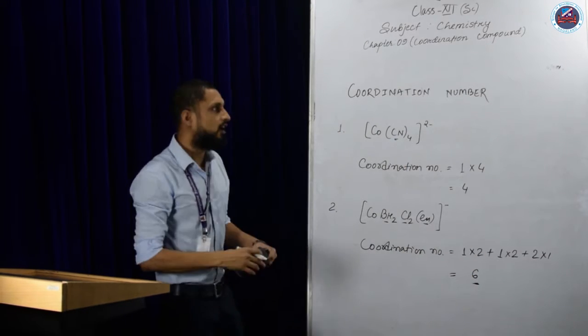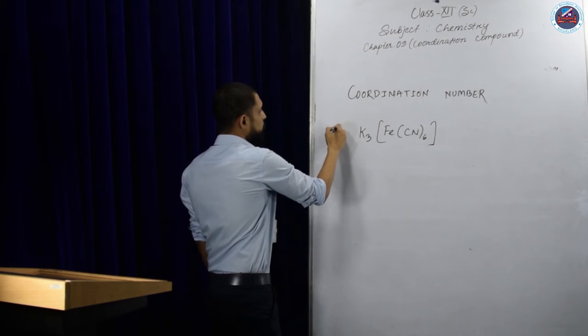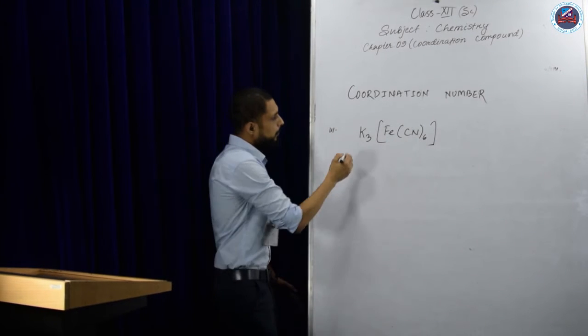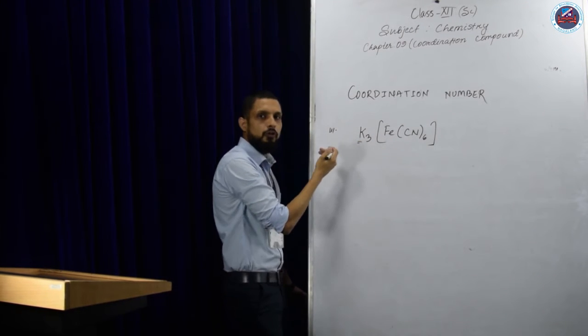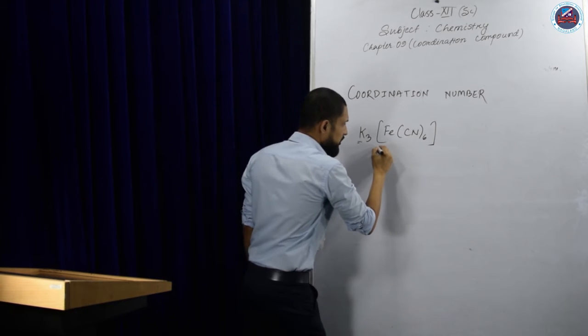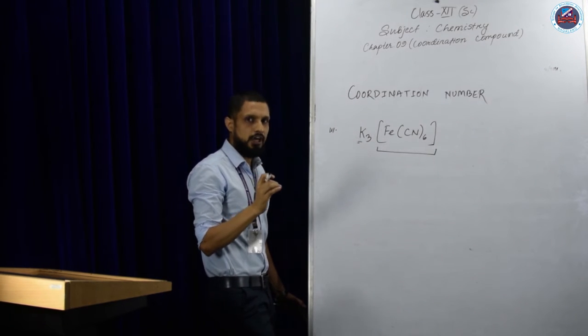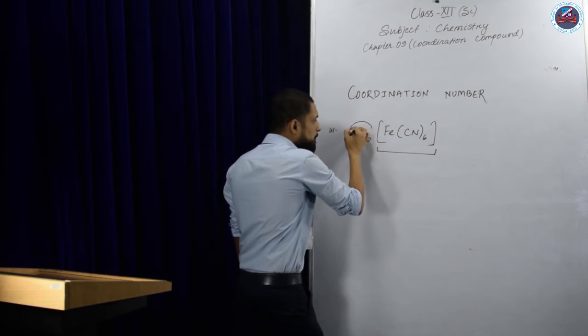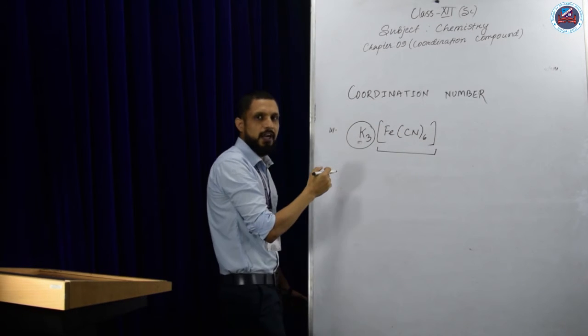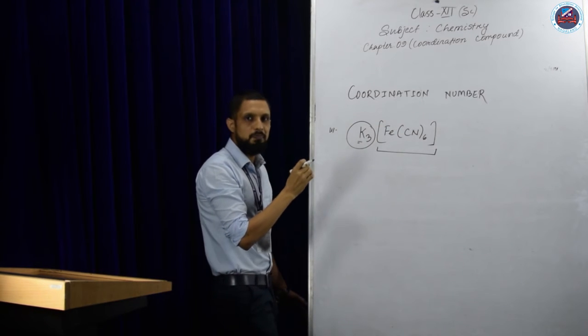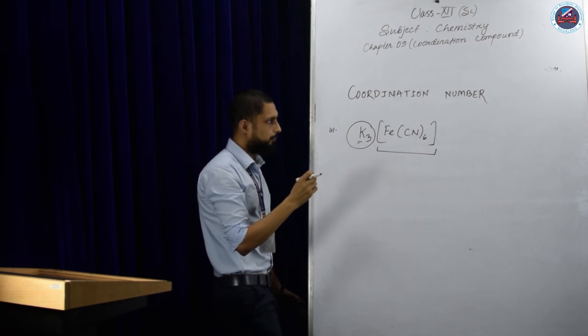Let us see some more examples. Now look at this compound. You have species outside the square bracket. So you know this part is known as the coordination sphere, whereas the species outside the square bracket has no role to play in the coordination number.